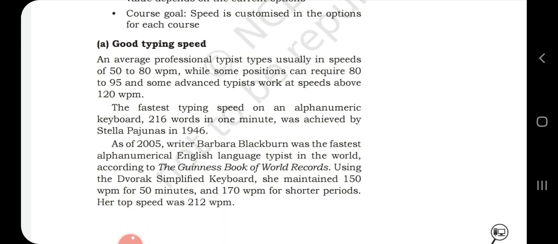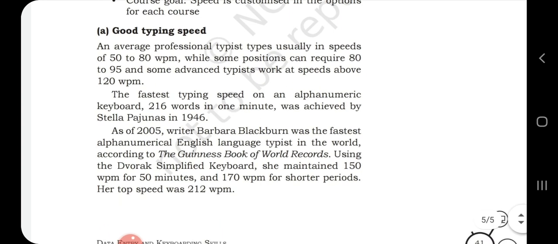Next one is in 2005, writer Barbara Blackburn was the fastest alphanumerical English language typist in the world according to the Guinness Book of World Records, and she maintained 150 WPM for 50 minutes, and 170 WPM for shorter periods.